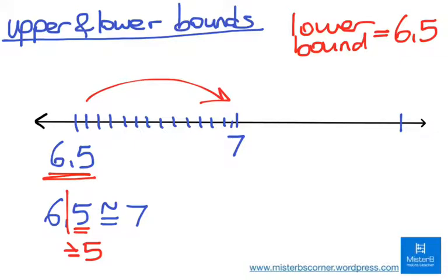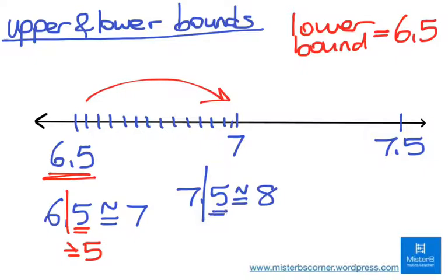Whereas I know the same rule applies on this side. So if I go with 7.5, well, 7.5 rounds up to 8, because when you cut from here, this number is greater than or equal to 5, so I will get 8. But the numbers less than 7.5, because they will be something like 7.4 somethings, right?